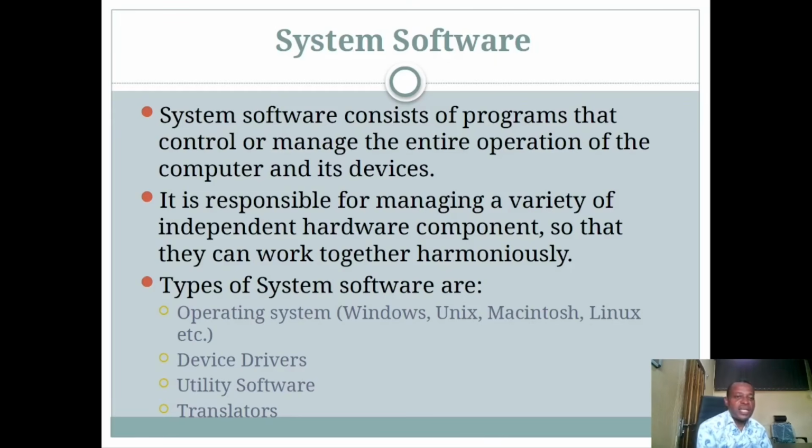Then we talk about translators, the last of the types of system software. Translators are basically used by programmers, people who write software, and translators help them to convert source code written in high-level languages into machine language that the machine can understand and execute.